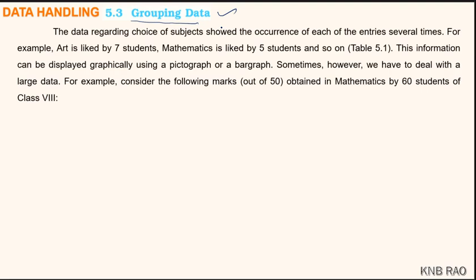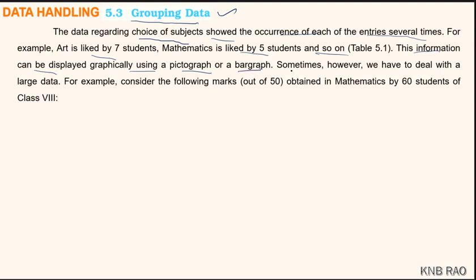Now, the data regarding choices of subjects showed the occurrence of each entry several times. For example, art is liked by 7, mathematics is liked by 5 students and so on, that we have seen as a table. This information can be displayed graphically using pictograph or a bar graph.